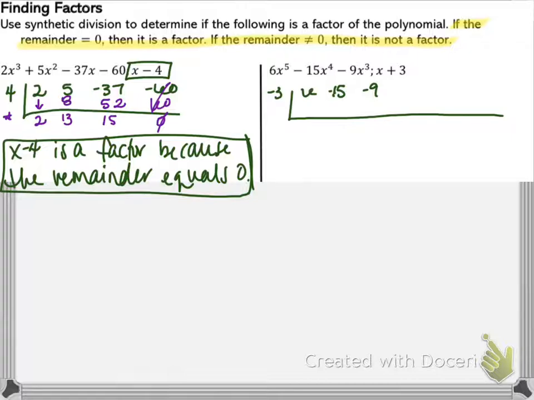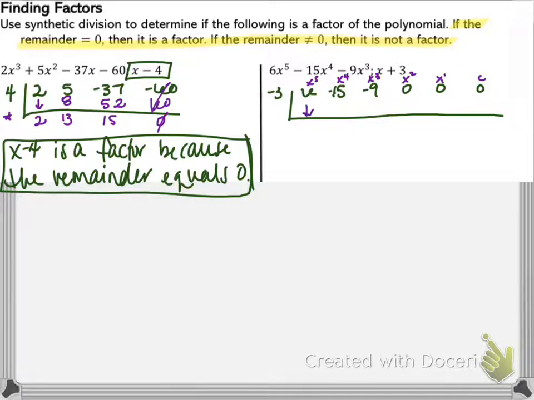I'm missing to the second power, to the first power, and I'm missing my constant. So I actually need 3 placeholders in this particular case. All right, so now that I have my placeholders, I can go ahead and get started. And I'm actually going to include what these represent just to make sure we have the right number of placeholders.